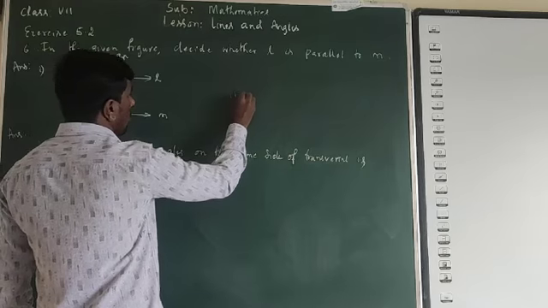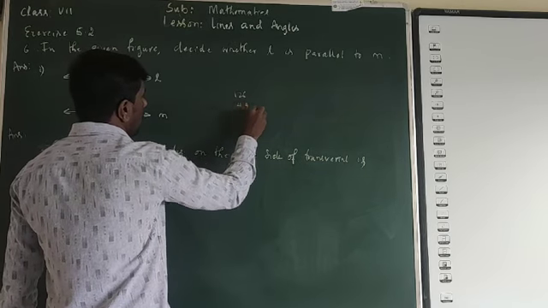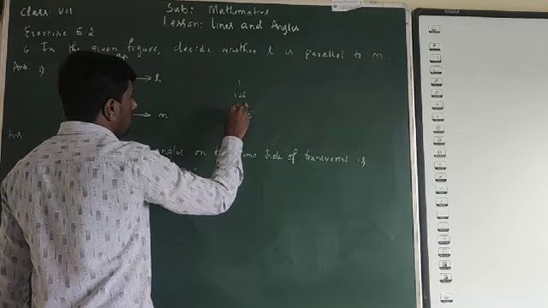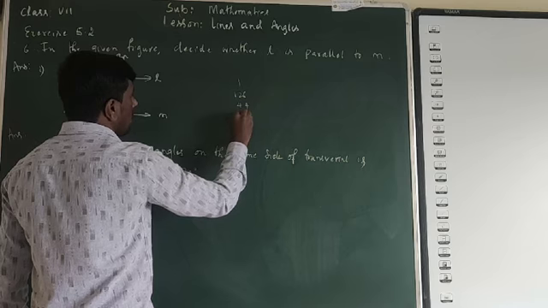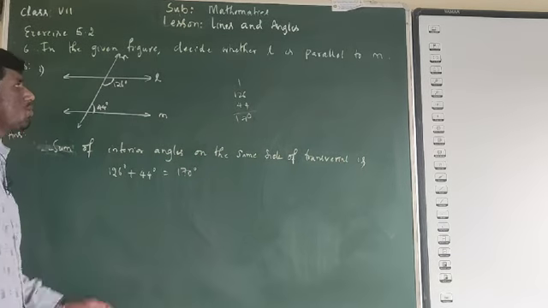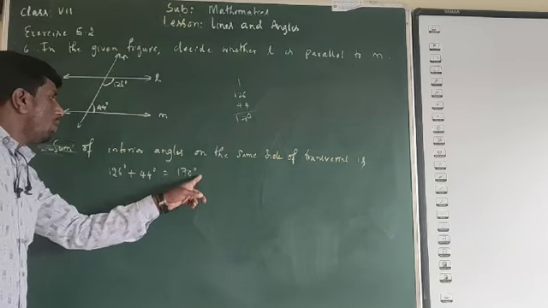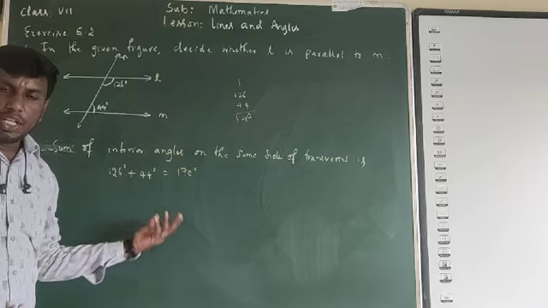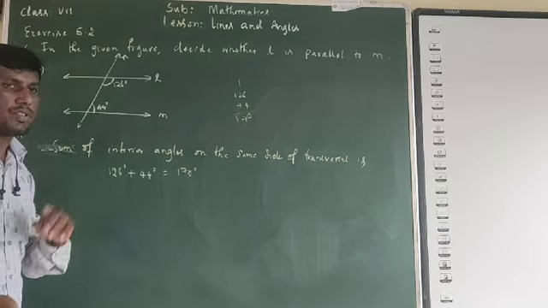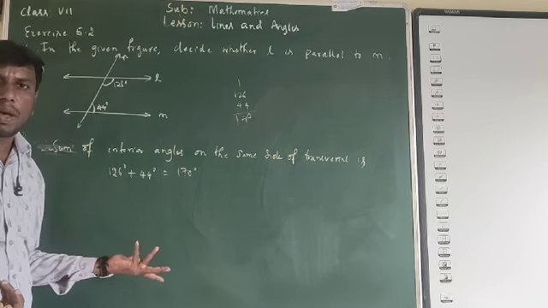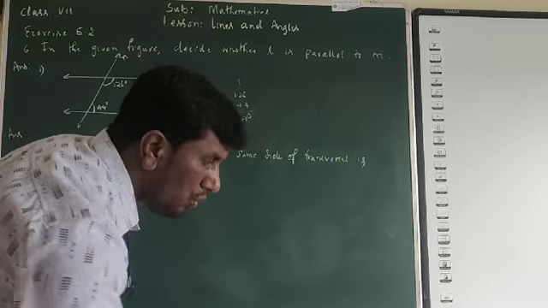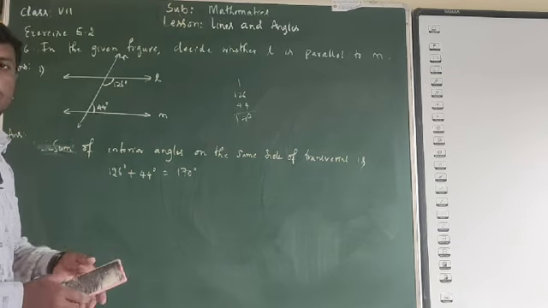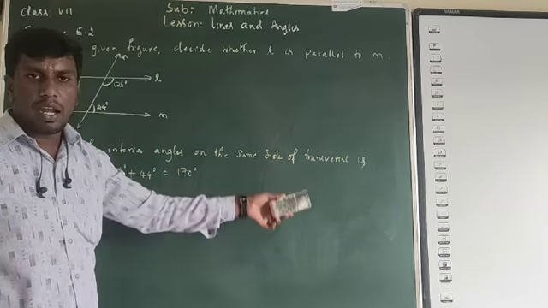You can add this: 126 plus 44, 6 plus 4 is 10, 1 remains, 3 plus 4 is 7, 1. So I am getting 170 degrees. If these two lines are parallel, what should be the total angle? 180 degrees, right? But I am getting 170 degrees. That means these two lines are not parallel. Very easy, right? If one condition is not satisfied, then those two lines are not parallel.